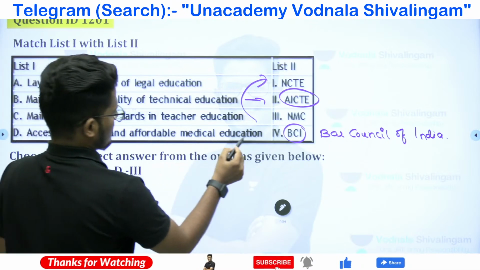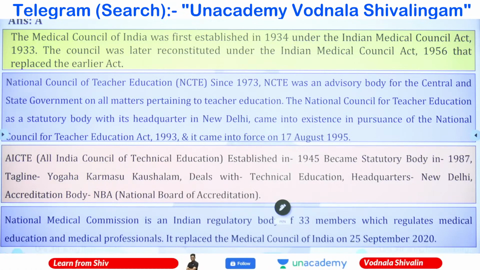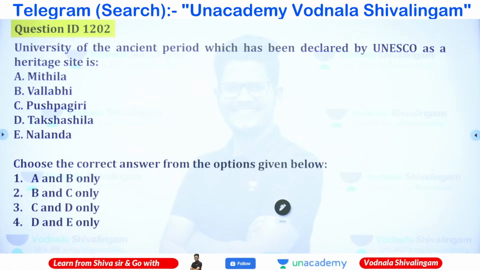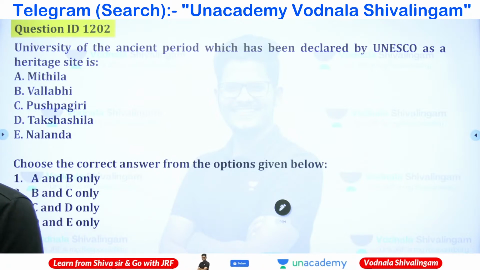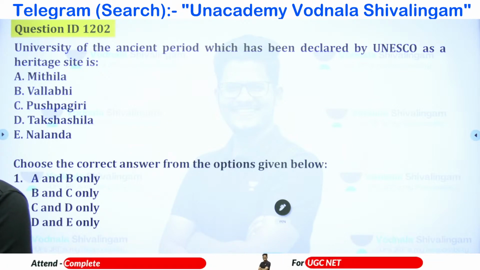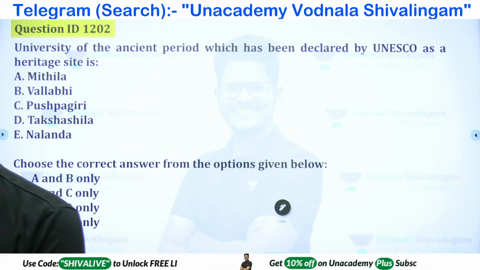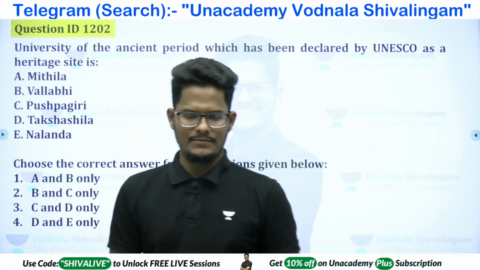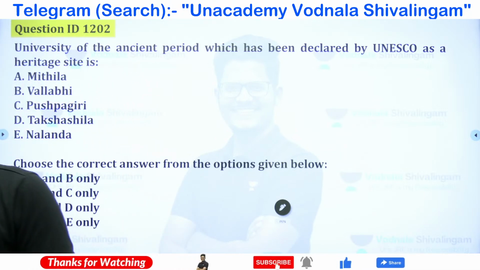Access to quality and affordable medical education is NMC, National Medical Commission, a regulatory body. AICTE was set up in 1945 as an advisory body, and in 1987 as a statutory body by passing the AICTE law.